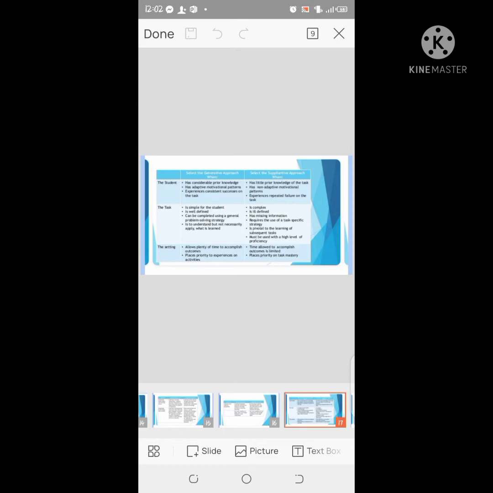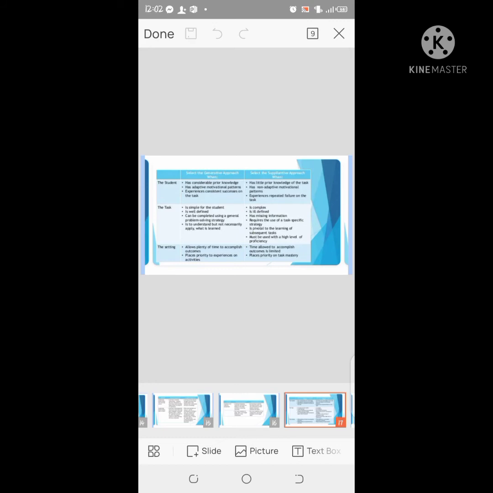While in the supplementive approach, for the task, we have: is complex, is well defined, has missing information, requires the use of task-specific strategies, is pivotal to the learning of subsequent tasks, and must be used with a high level of proficiency.